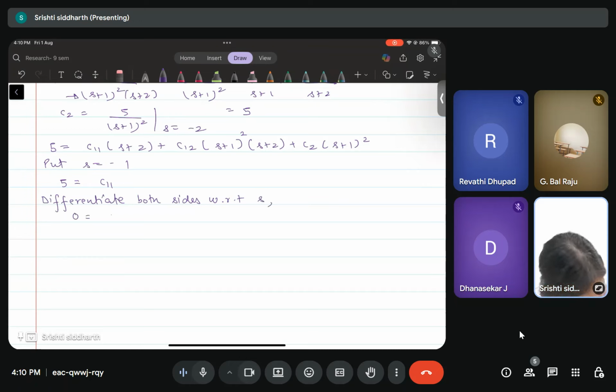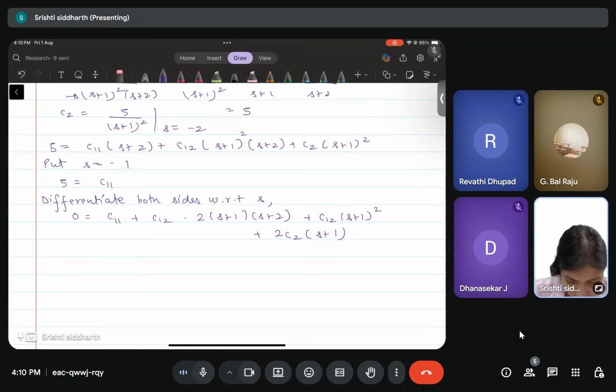Zero equals c11 plus c12 times (s plus 2) plus c12 (s plus 1) plus 2c2 (s plus 1).